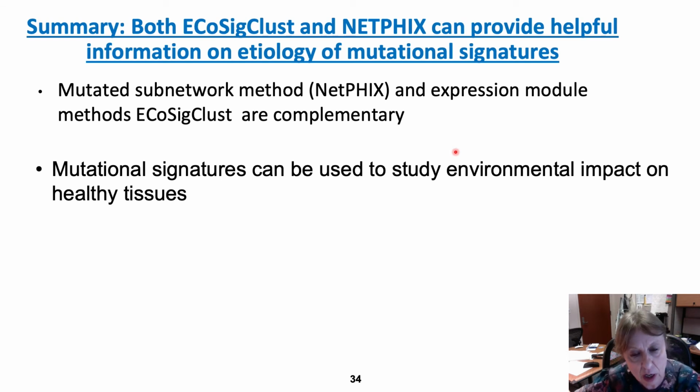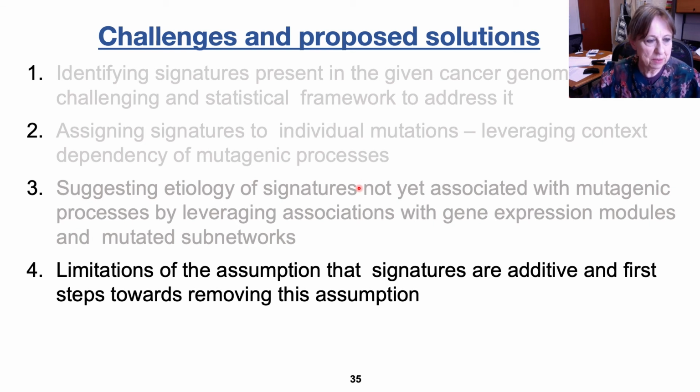One is building on the changes in the gene expression that are associated with a given mutational signature, and the second, Netflix, is linking the mutational signature to perturbed, mutated pathways. In addition, I showed that mutational signature can be used to study environmental impact on healthy cells or healthy tissues as well. Now, let me move to the last challenge I would like to discuss today.